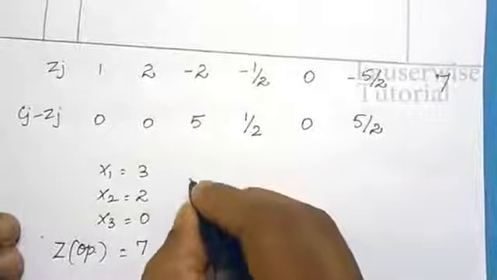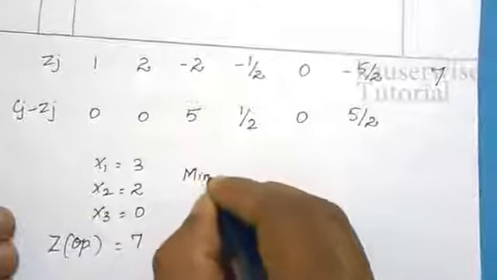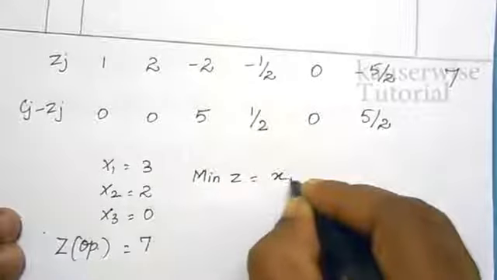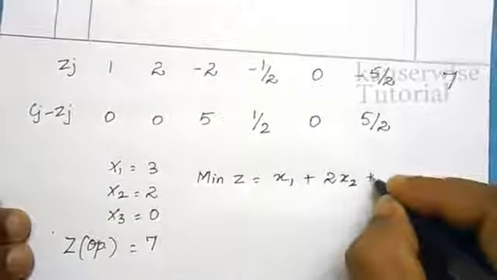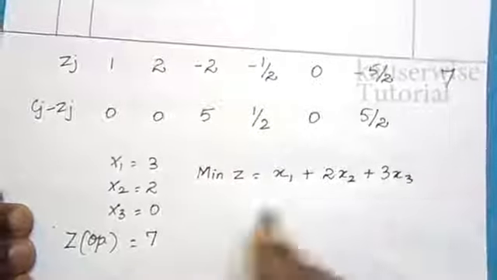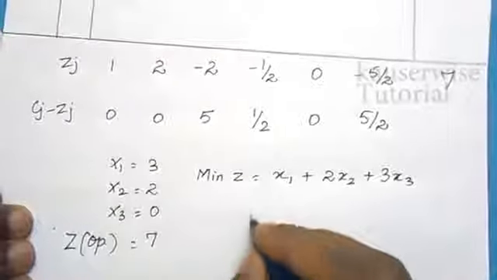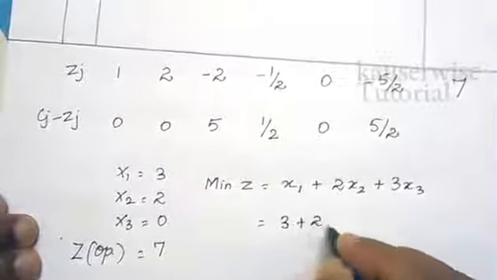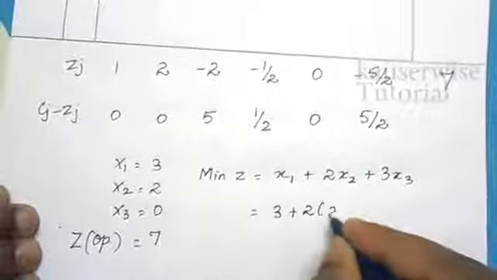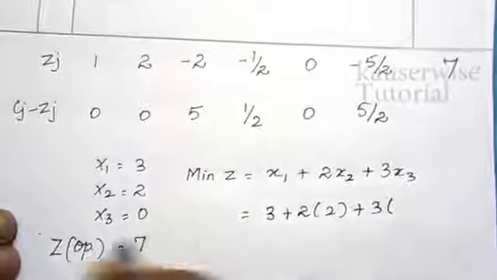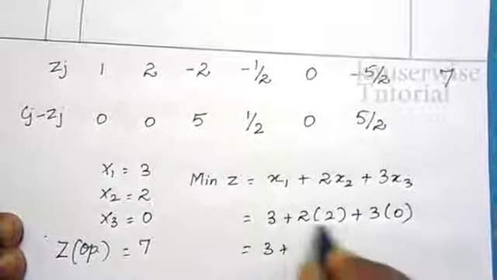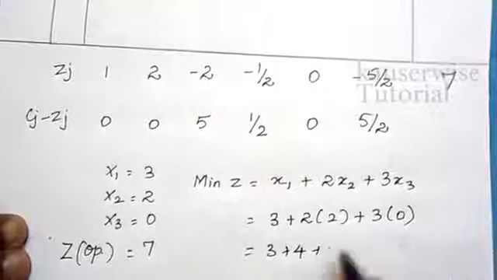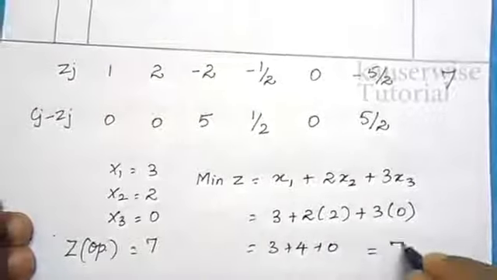The objective function is minimization Z is equal to x1 plus 2x2 plus 3x3. So x1 value is 3, so put 3 plus 2 into x2 value is 2, plus 3 into x3 value is 0. So 3 plus 2 into 2, 4, plus 3 into 0, 0. So the answer is 7.